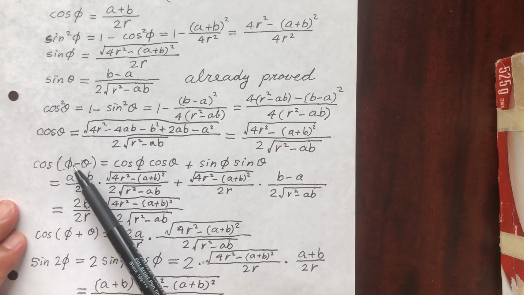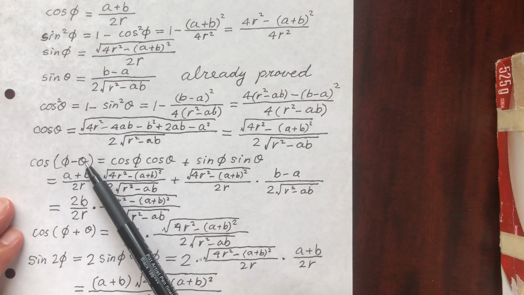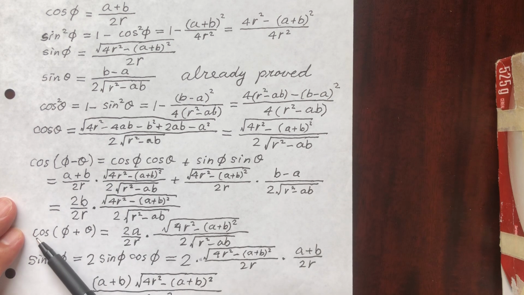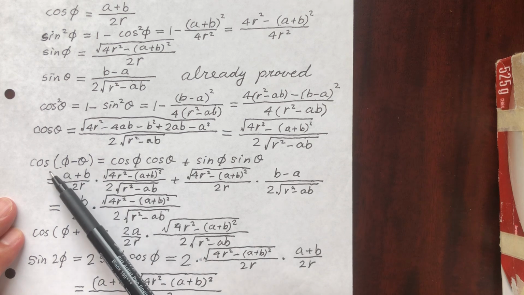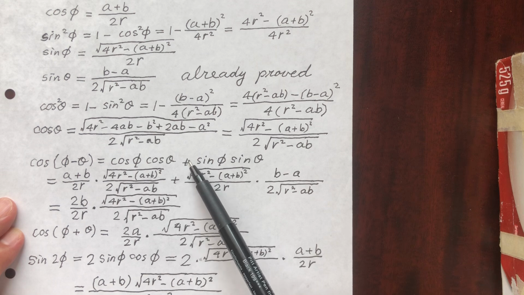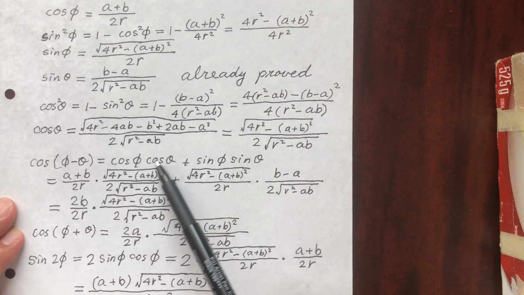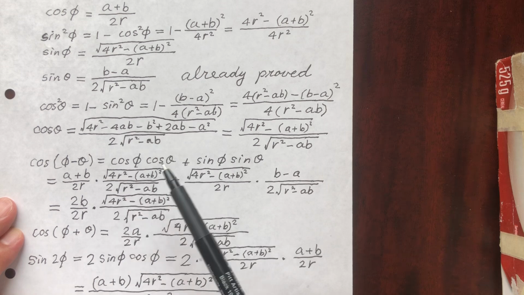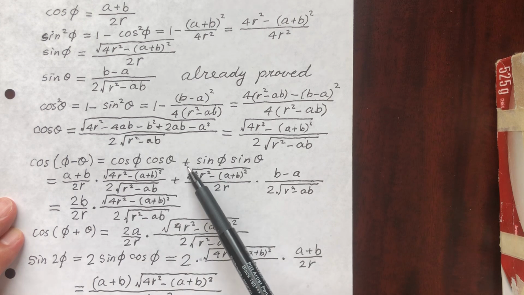Once I have cosine phi minus theta, it's very easy to find cosine phi plus theta, because what's the difference between this and this? This is just change this sign to minus. This part is the same except the sign here, minus.